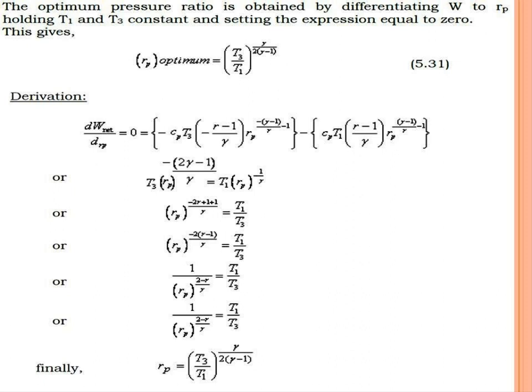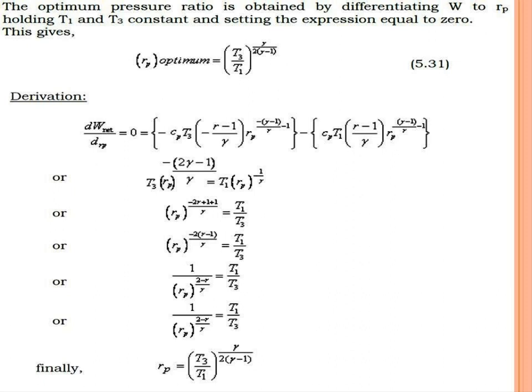You can find all the steps mentioned here for the derivation: d(W net) by d(Rp) is equal to 0, and from that we will get T3 into pressure ratio raised to minus 2 into (gamma minus 1) divided by gamma, is equal to T1 into pressure ratio raised to 1 upon gamma.